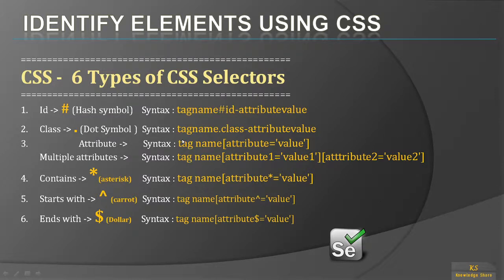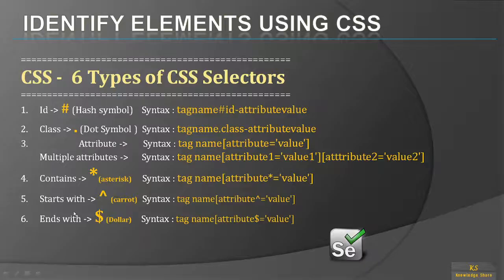If you know one syntax, you know all three. Just after the attribute, you place these symbols, there is no difference at all. If you place star, that means contains. If you place caret, the value starts with. And if you have dollar, that means ends with.